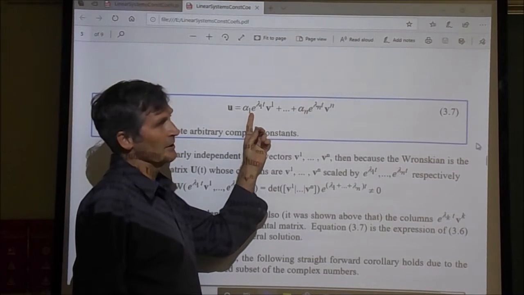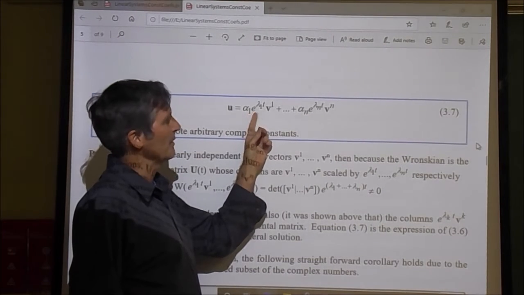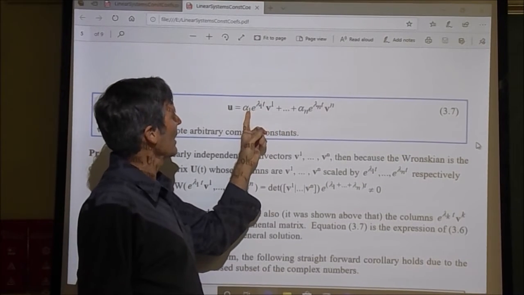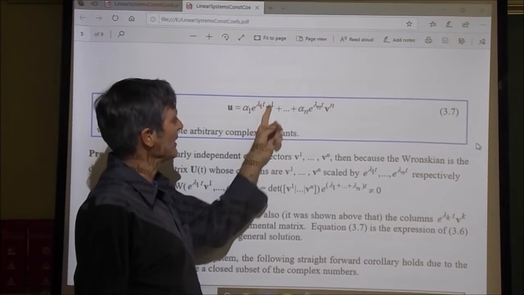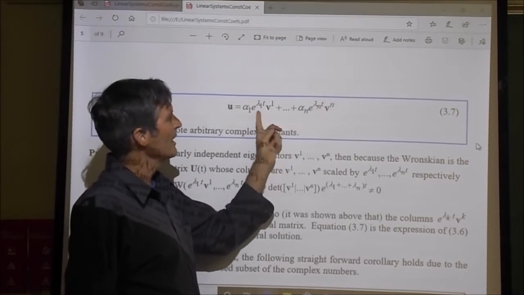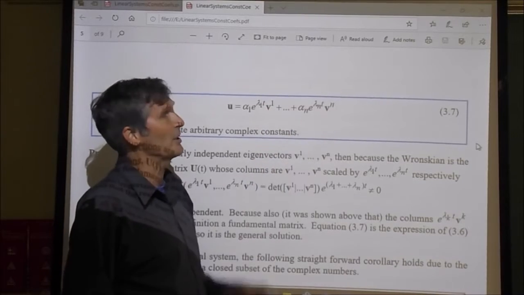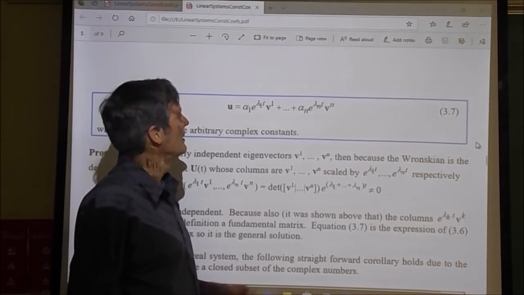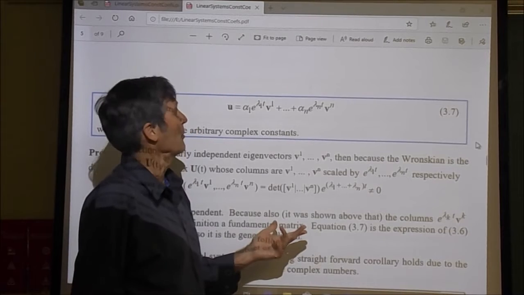If you have, in general, an n by n matrix and a vector of length n, a constant times e to the eigenvalue t eigenvector plus dot dot dot constant e to the eigenvalue t eigenvector is the general solution when you have n independent eigenvectors, we said, right? So it works in the complex case.